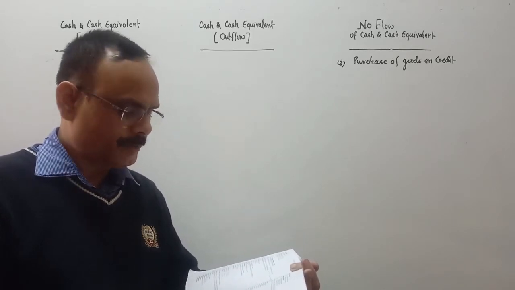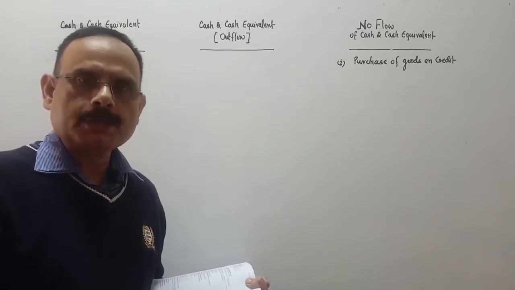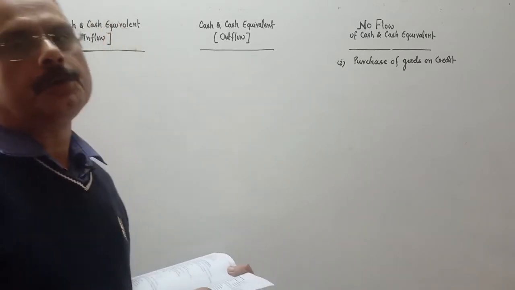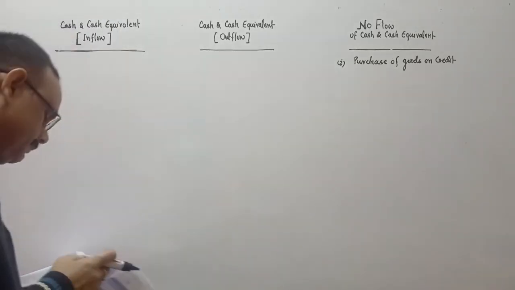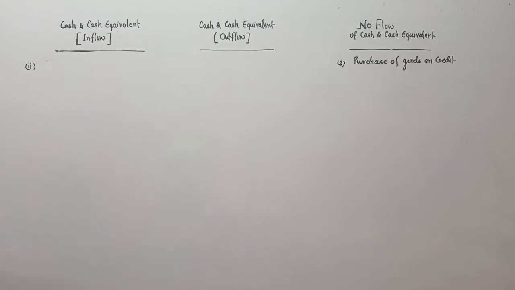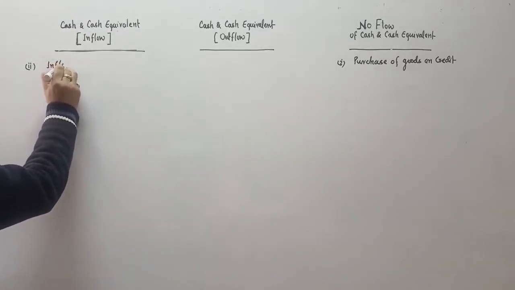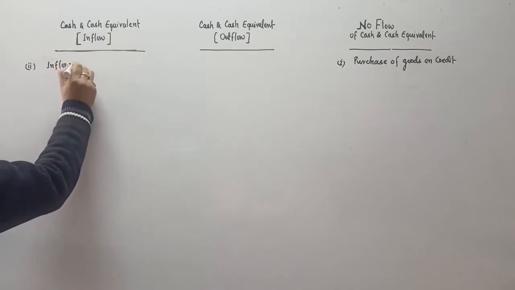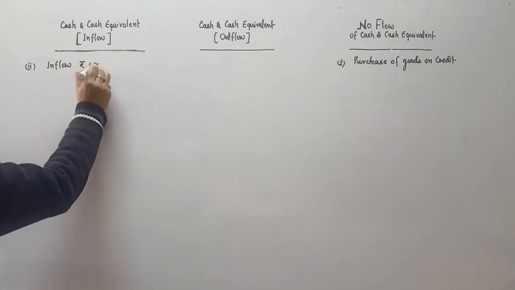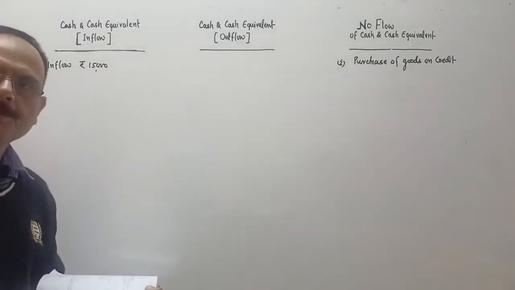Sale of goods costing 20,000 for rupees 15,000. When we sold the goods, there is a cash inflow. Second one is cash inflow. Inflow is rupees 15,000, because we have sold the goods costing rupees 20,000 for rupees 15,000.